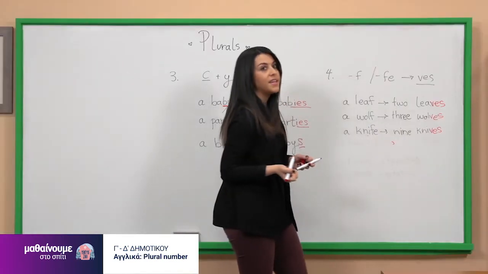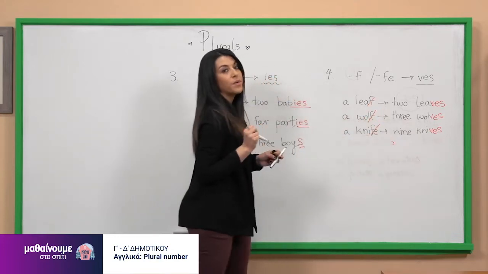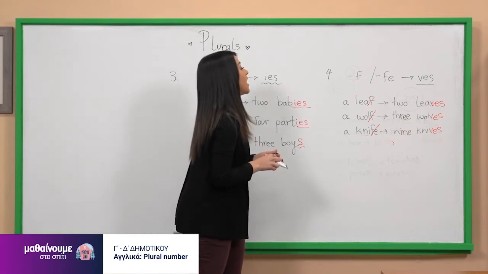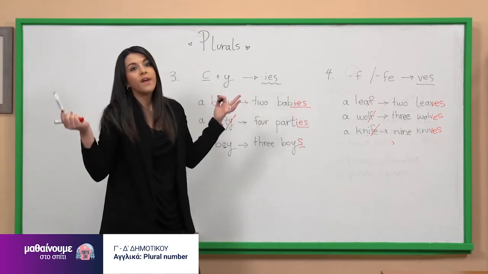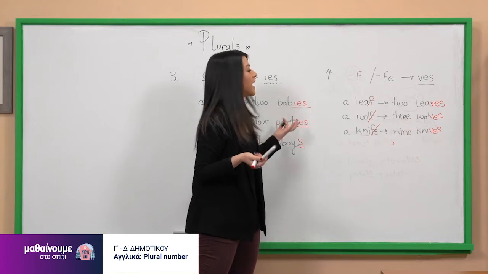So we add this in the end. And of course, we erase this. We don't use it. And we put VES, okay? So let's see. A leaf, 2 leaves again. A wolf, 3, 4, 5, 6 wolves. And a knife, 10, 9 knives.